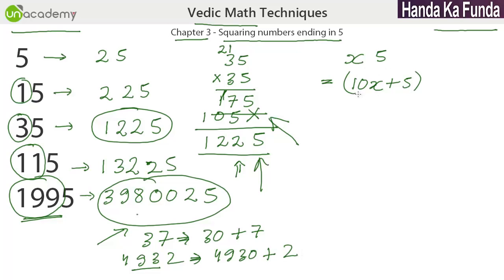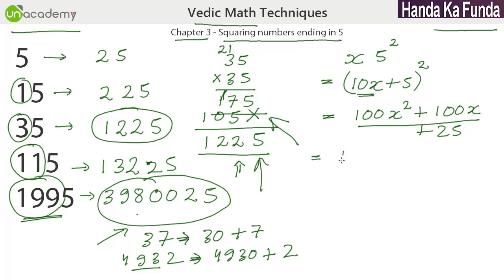I have x5, 10 times the first part plus 5, and I am trying to find out the square of it. Now when I am trying to find the square of it, what is (a plus b) whole square? It is a square plus 2ab plus b square. So that becomes 100x square plus 2ab, that is 2 into 10x into 5, which will be 100x, plus 5 square, or plus 25. Now, if I take 100x common from the first two terms, what will I get?